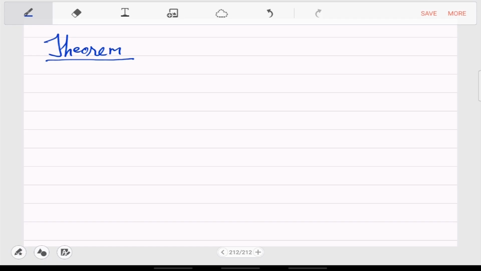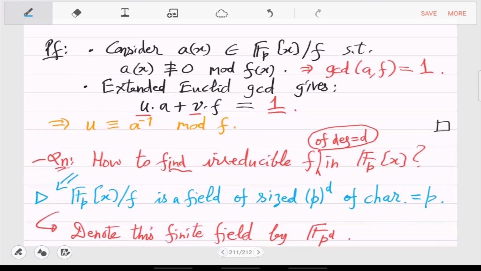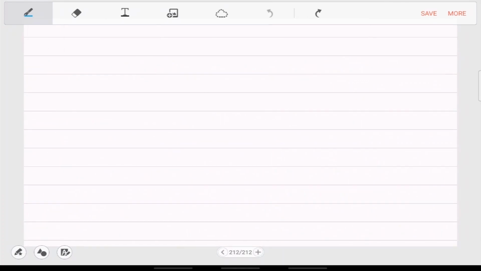But before that, before going into the existence, let me make one more conclusion. So assuming it exists, what can you say about its multiplicative structure?